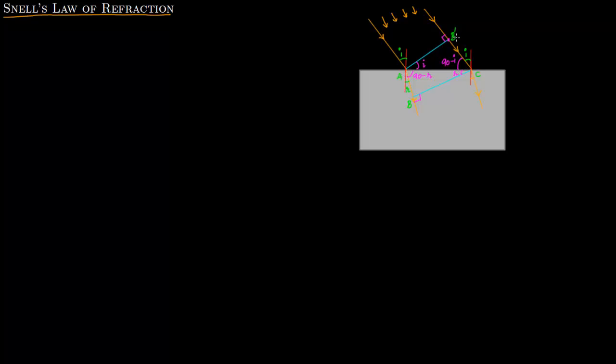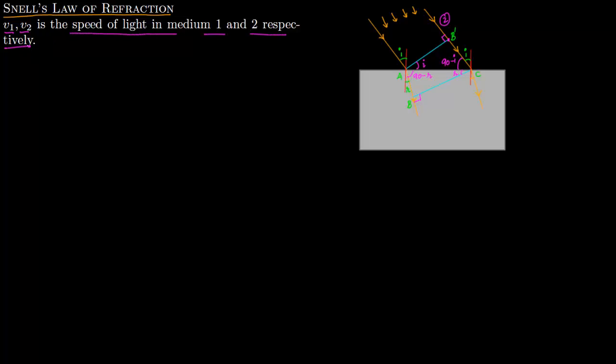So by Huygens principle, say the ray enters the medium, it travels to point B. In the same time, the ray will go from B prime to C. So AB is the distance the ray has traveled into the medium. So let V1 and V2 be the speed of light in medium 1 and medium 2 respectively.